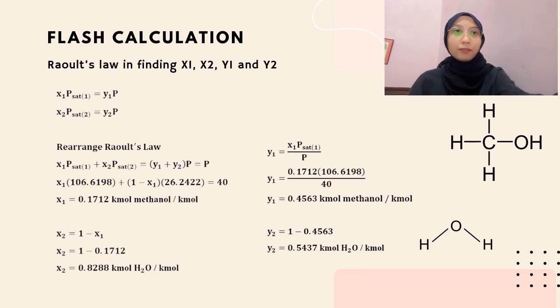Next, for the vapor phase mole fractions, to find Y1 we use Y1 equal to X1 times P_sat1 divided by P. Substituting X1 and P_sat, we get Y1 equal to 0.4563 kmol methanol per kmol. For Y2, we calculate 1 minus Y1 and get 0.5437 kmol H2O per kmol.